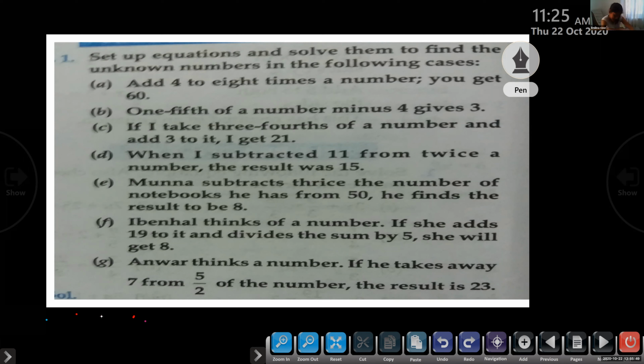Correct. If I take 3/4 of a number, 3/4 of a number means 3 by 4 of that number. That is 3 by 4 of y, whatever we have taken, and add 3 to it. So plus 3, I get 21.